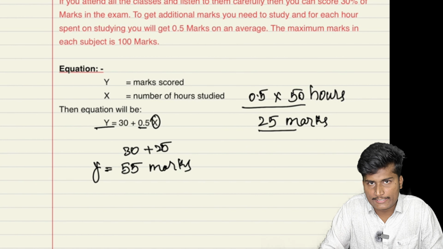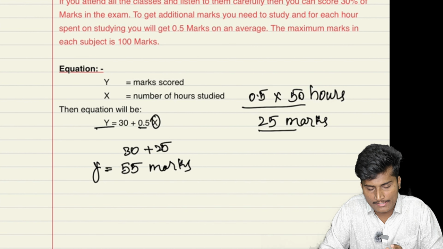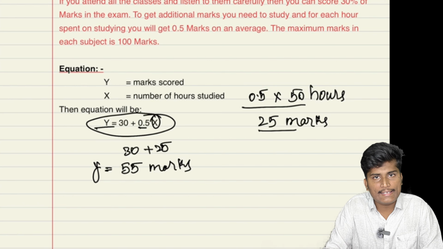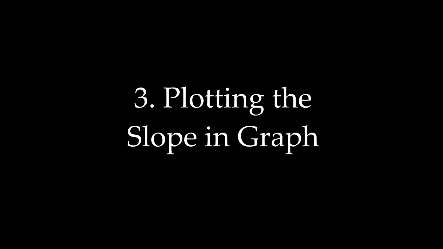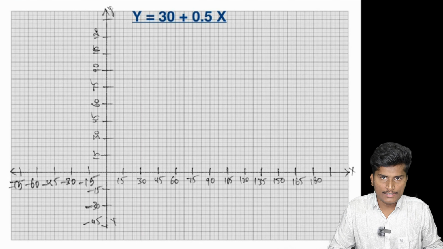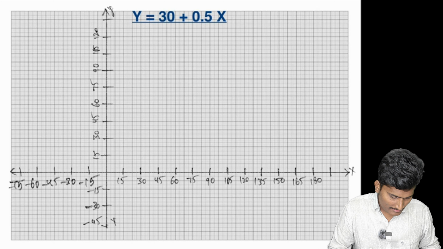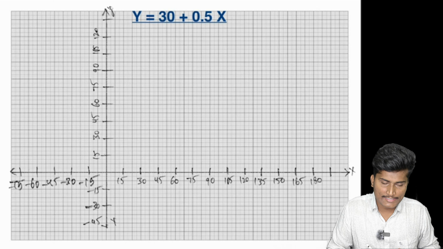So this is the equation. Now we got this equation, and we need to be able to represent it in a graph. Now let's represent this equation in a graph here. Here the x-axis and y-axis are divided into 15 intervals each.